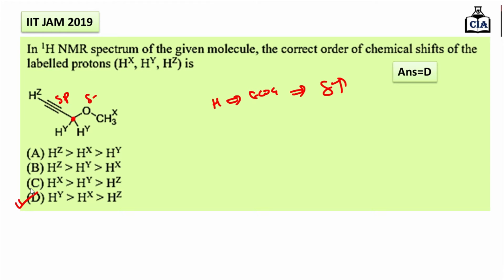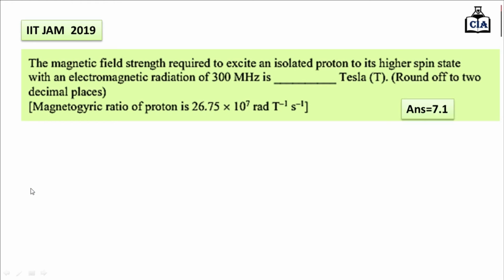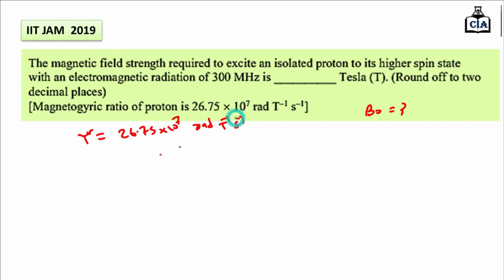Now the next question, from IIT JAM 2019. In this question we have to calculate the magnetic field value, so the B naught value. First, they have given the value of the gyromagnetic ratio, that is 26.75 into 10 to the power 7 radian per Tesla per second. So we first have to convert this gyromagnetic ratio, and we also know that 1 radian equals 2 pi.